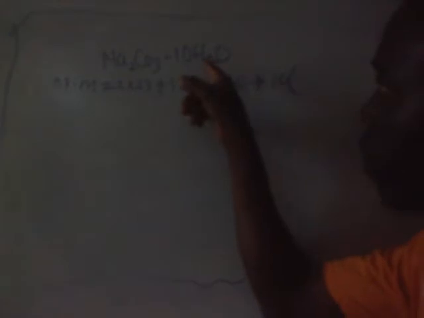Then the dot in 10H2O, you're not going to multiply it. That dot means that you still add, so your addition continues. We have 10 molecules of water, so this 10 multiplies the sum of the atomic masses of hydrogen and oxygen.